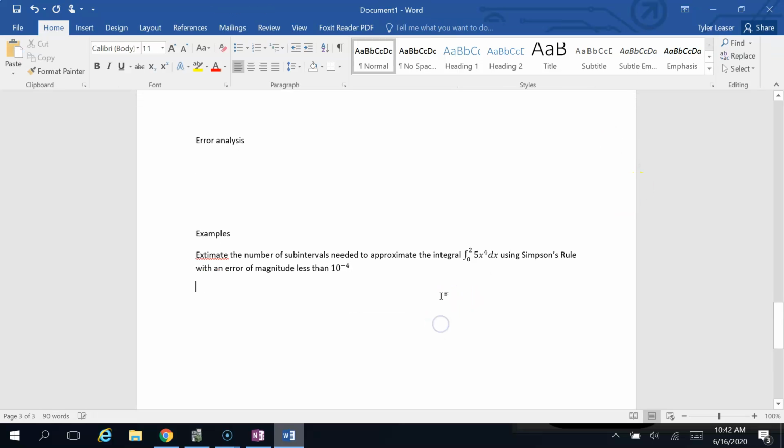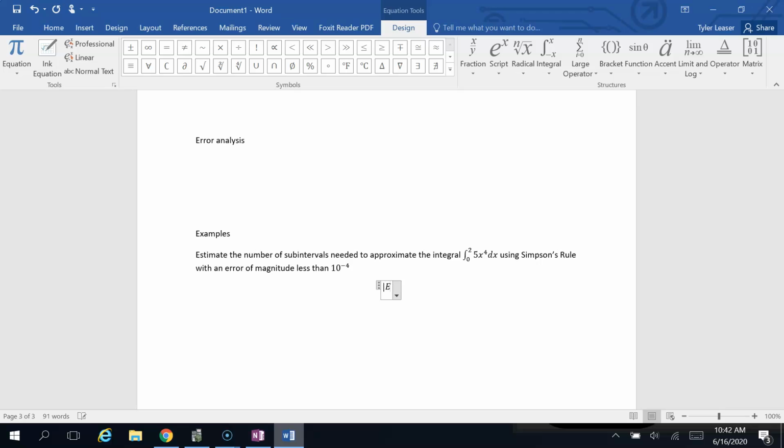Okay, this is pretty much exactly how the question is going to be worded on the homeworks, quizzes, tests, and all that. So estimate the number of subintervals needed to approximate the integral from 0 to 2, 5x to the fourth dx using Simpson's rule with an error of magnitude less than 10 to the negative 4.